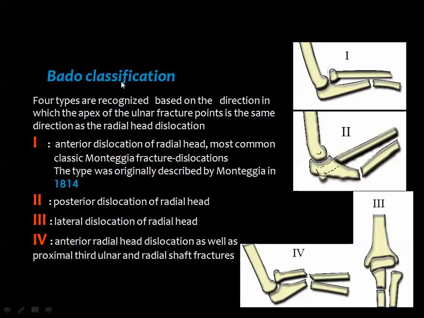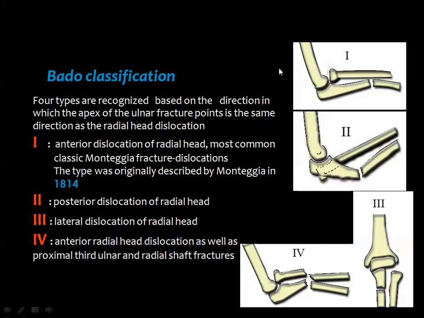This Bado classification entails that the original Monteggia fracture involving the ulna with anterior displacement of the radial head. Then if the radial head is displaced posteriorly, then this is type 2. If the radial head is displaced laterally, then this is type 3.